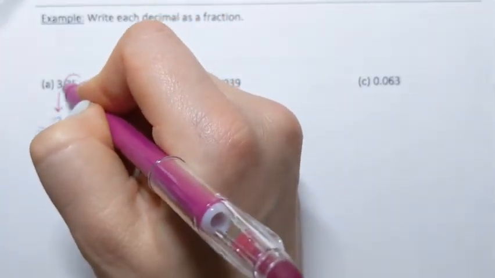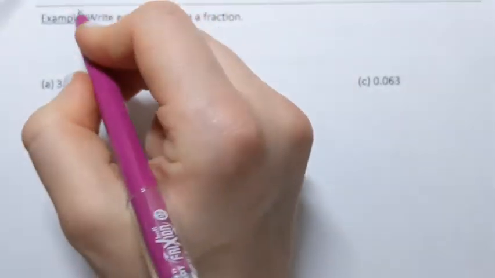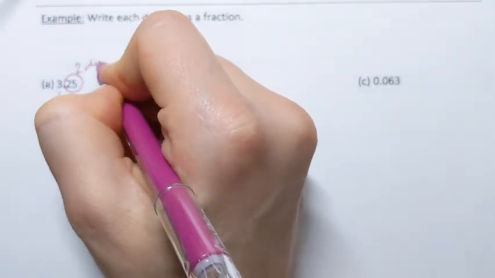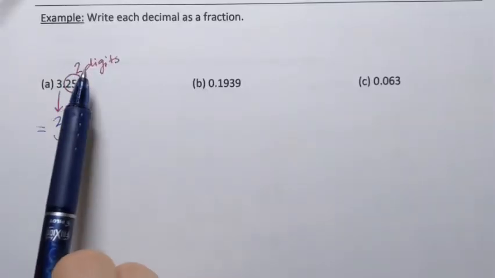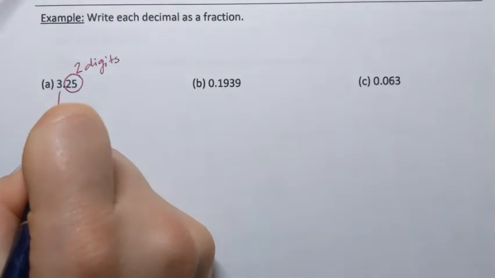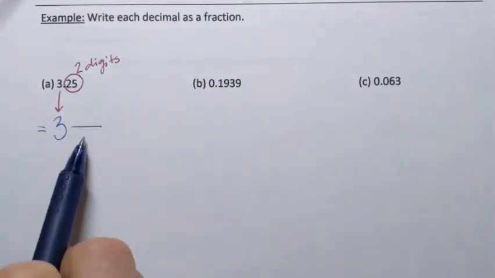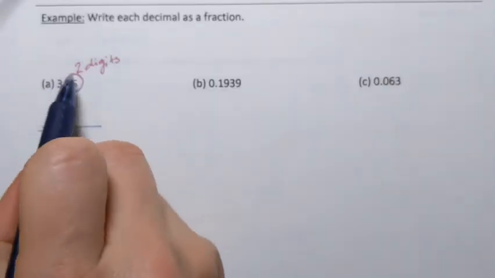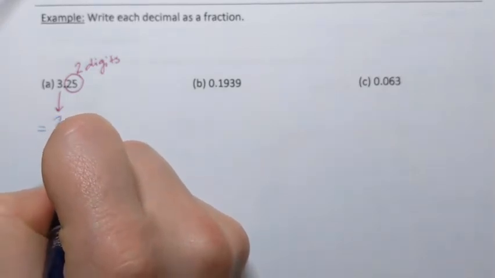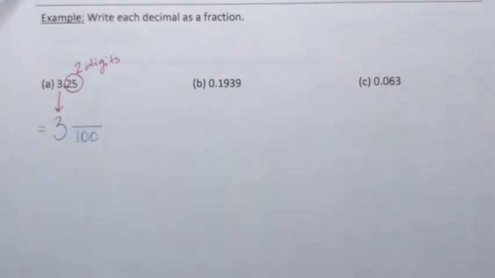I need to count the number of digits I have after the decimal point, so it has 2 digits. And that's going to match the number of zeros that I have in the denominator of this fraction. So 2 digits, it means that I'll have 2 zeros, and that means that the denominator will be 100.